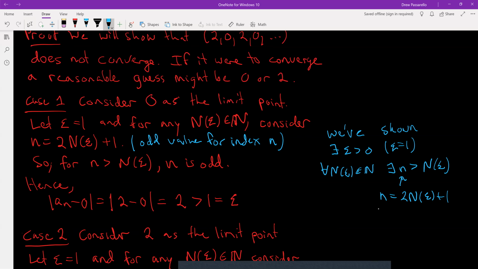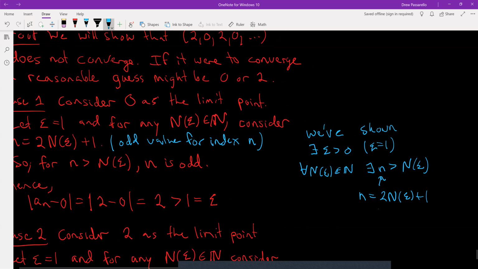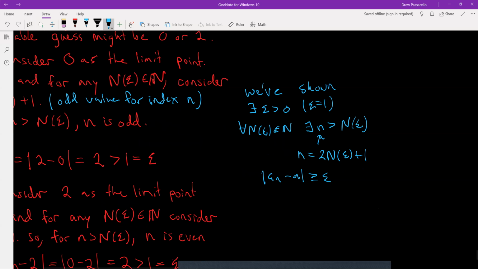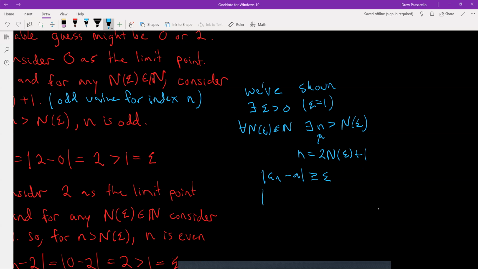So there exists that particular n bigger than capital N such that the absolute value of a_n minus a is greater than or equal to epsilon. In our case, for the odd index, it was 2 minus our limit point 0, so 2 minus 0, which is greater than or equal to 1, because 1 is the epsilon value we chose.